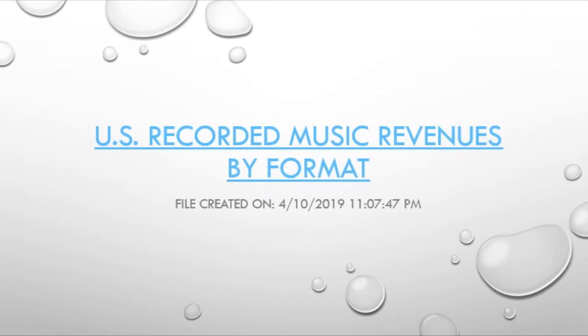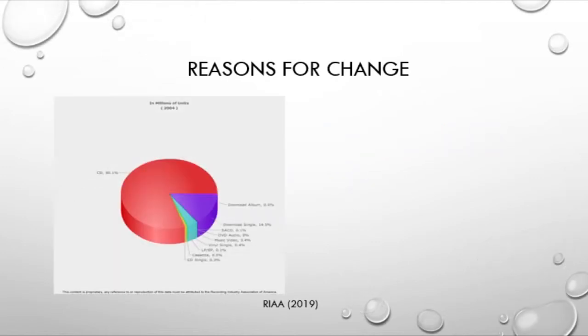Let's look at the current statistics as of 4/10/2019. Represented here in the pie chart, the red is the CD and vinyl sales for the year 2004. We can see it's over 75%. The downloaded media area is the purple area, which is quite a bit smaller in 2004.